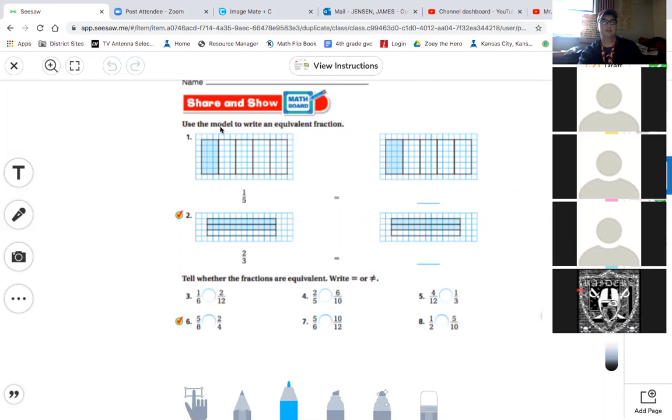Okay, so here it says use the model to write an equivalent fraction. So we could see that we've got 1/5 here. We got 1, 2, 3, 4, 5 parts and one shaded in. Well, what could we do here to change it to show that there's an equivalent fraction? Any suggestions? What can we do to this model?